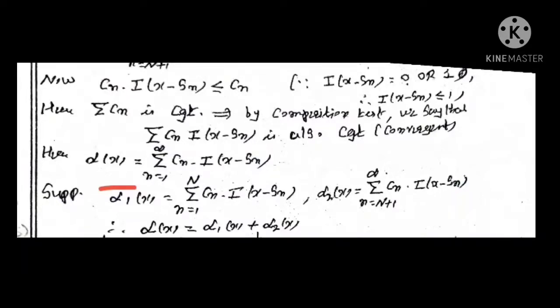Suppose alpha 1(x) is equal to sigma n is equal to 1 to N Cn into I(x minus Sn) and alpha 2(x) is equal to sigma n is equal to N plus 1 to infinity Cn into I(x minus Sn). Therefore, alpha(x) is equal to alpha 1(x) plus alpha 2(x).